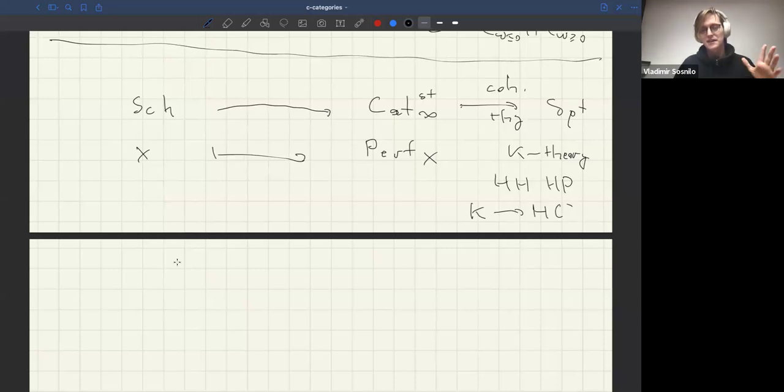But I have to say that for some notions, this correspondence from schemes to categories does lose information.